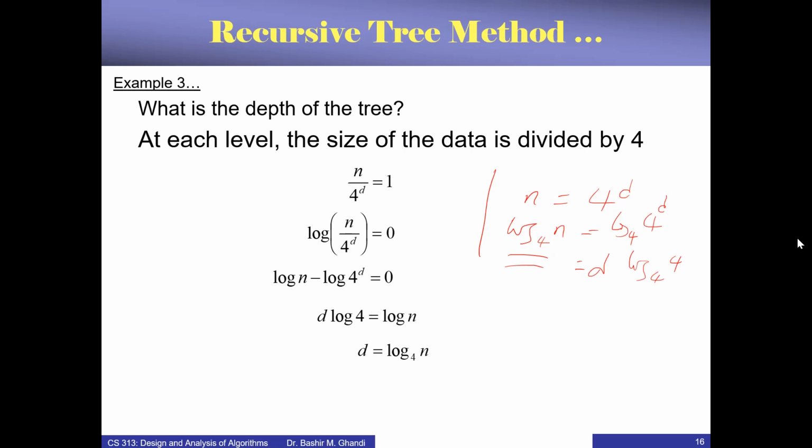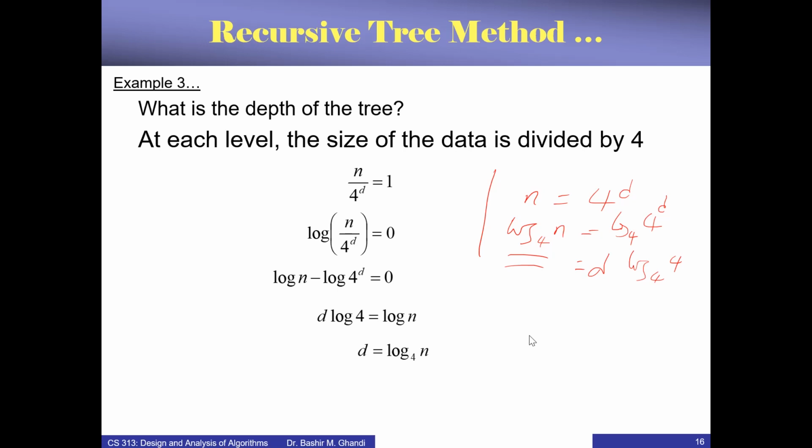If we know the depth of the recursion, all we have to do now is to sum up the cost of each level for this number of levels to know the total cost of the running time function. But there is one more thing we have to do. The last level, we have to estimate, we have to know the number of leaves in that level.